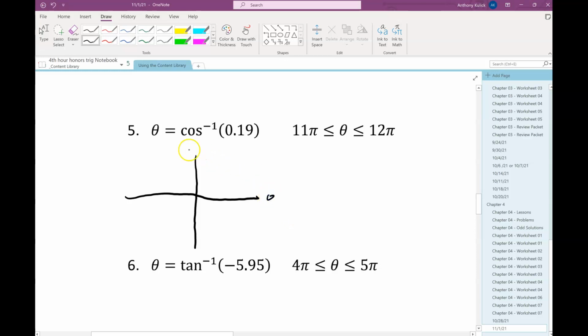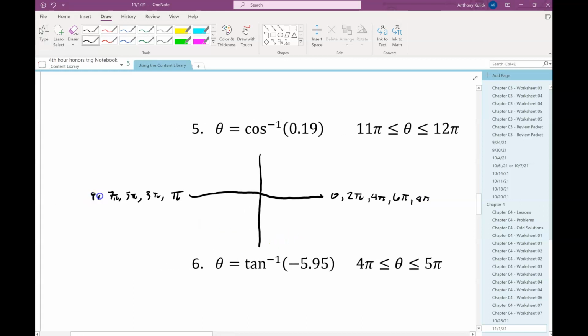So 0, pi over 2, pi, 3 pi over 2, 2 pi. Then we go over to 3 pi, and then 4 pi, and then 5 pi, and then 6 pi, and then 7 pi, and then 8 pi, and then 9 pi, and then 10 pi, and then 11 pi, yay, and then finally to 12 pi.